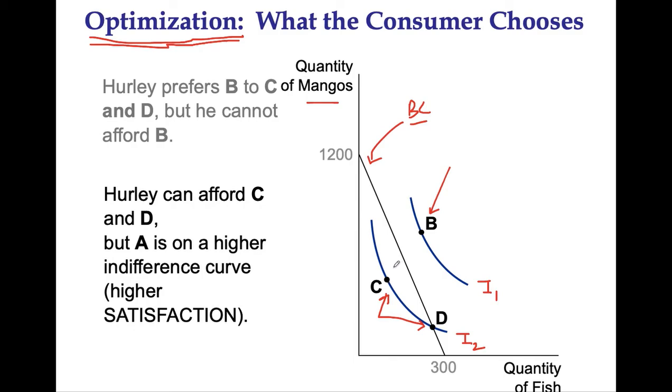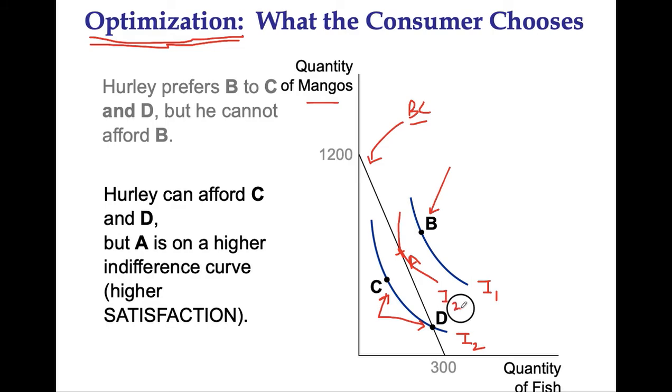Why? Because there is another possibility, another combination of goods that the consumer can afford. We call this combination A, that the consumer has the budget to buy, and this combination of goods A gives a higher satisfaction than the bundles in I2.